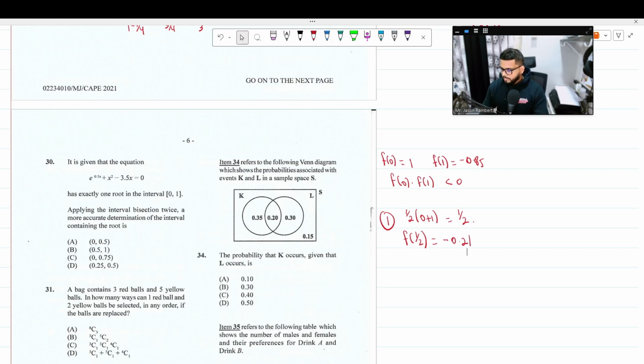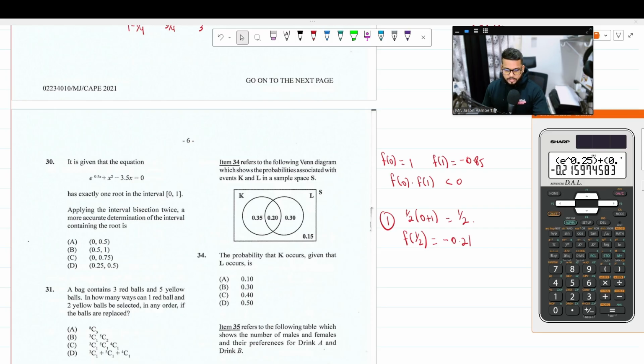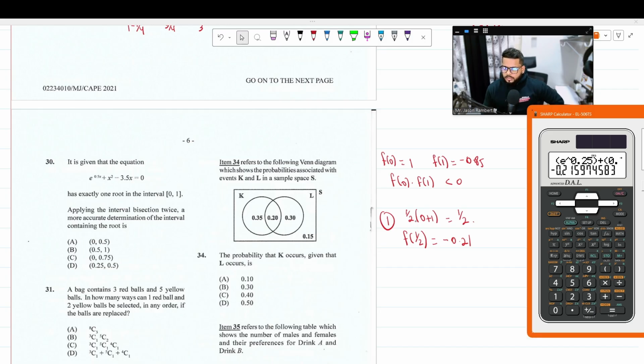Now what this is telling me is a root will exist between them, since f of 0 multiplied by f of a half is going to be less than 0. So our root is between these two. The second bisection is going to be a half of 0 plus a half, which is a quarter.